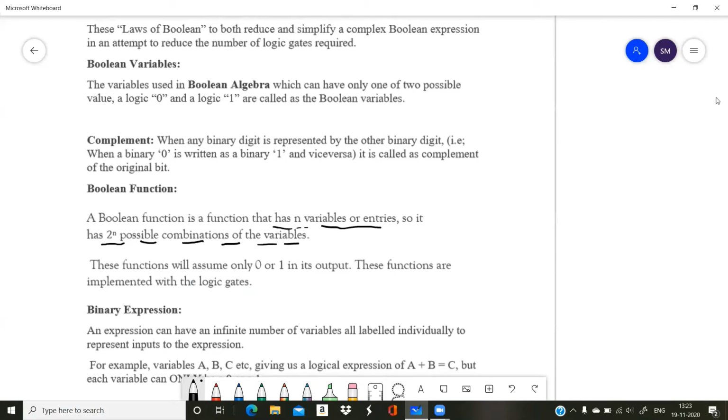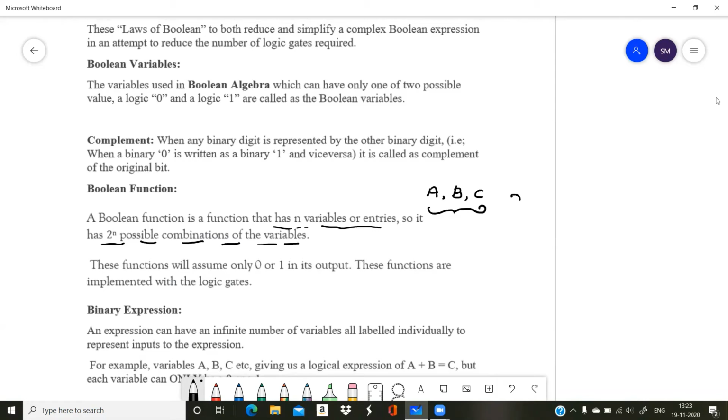For example, this is actually an expression, in which we consider how many variables we are using. For example, let us consider 3 variables. So this Boolean function is nothing but the function which includes all these 3 variables. So here we have 3 variables.